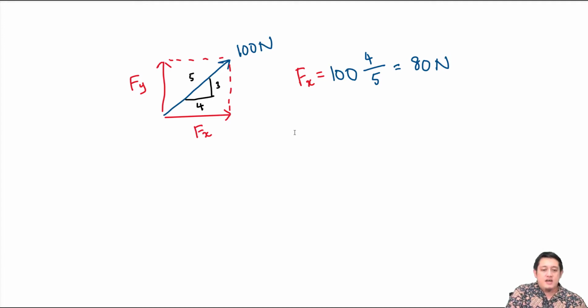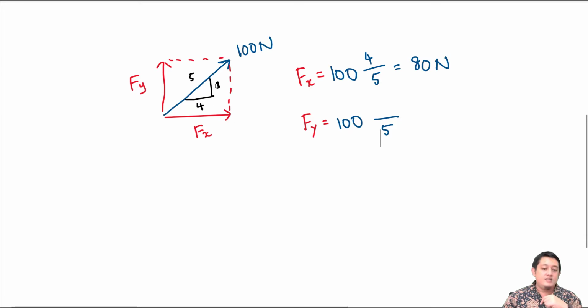How about Fy? Using the same method, the same principle, to calculate Fy. So we write 100, because this is the force that we want to resolve. So where is Fy? 100 multiplied with, the direction of the 100 is 5, this one here. And what is the direction of Fy?